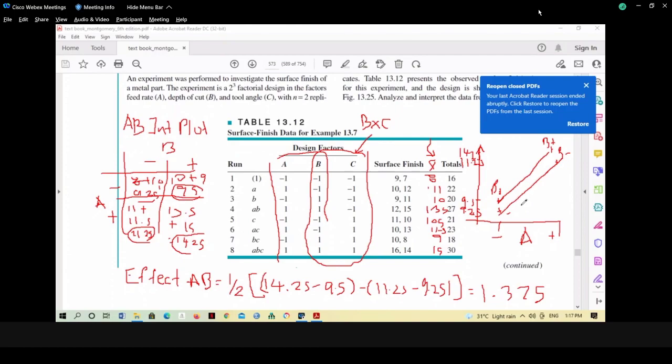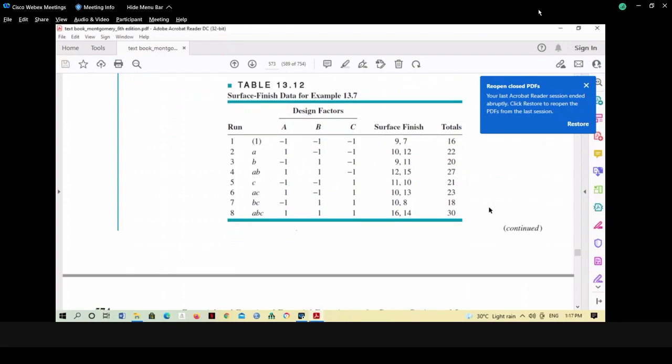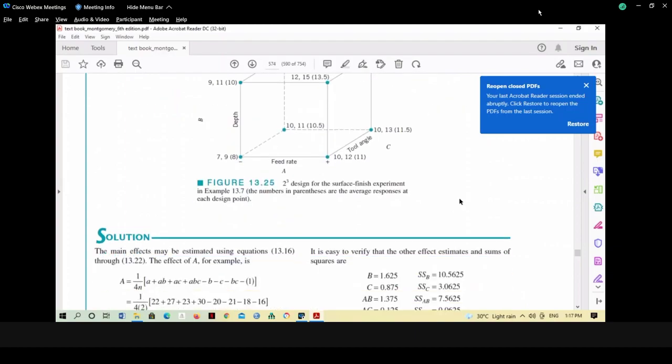So look how the graph looks. So this is graphical analysis and how to calculate the effect of AB. Based on this analysis, we need to do ANOVA, right? After you do ANOVA, okay, this is graphical analysis.